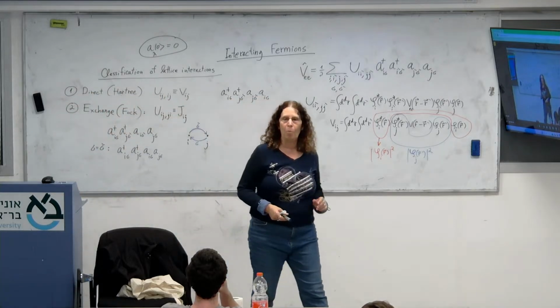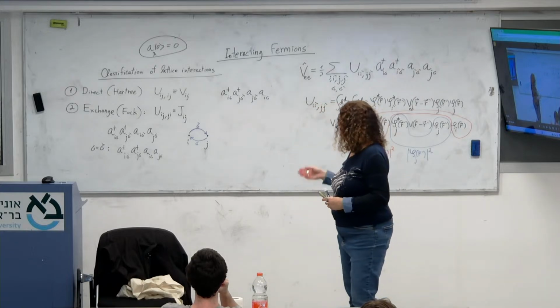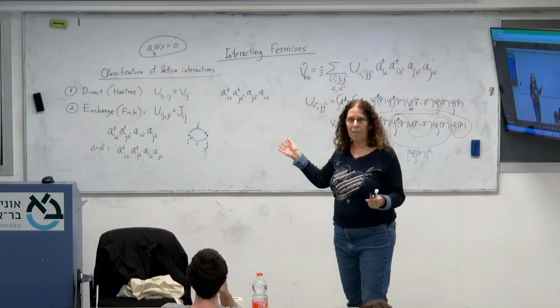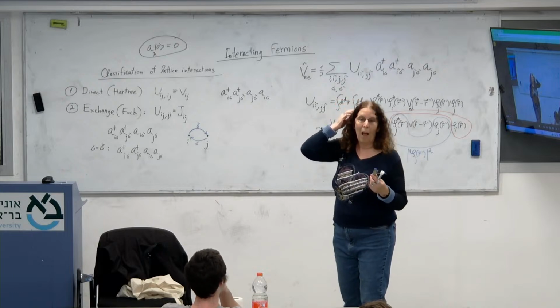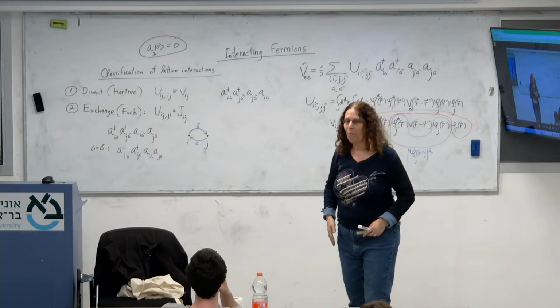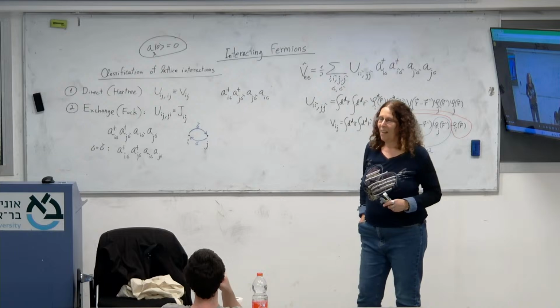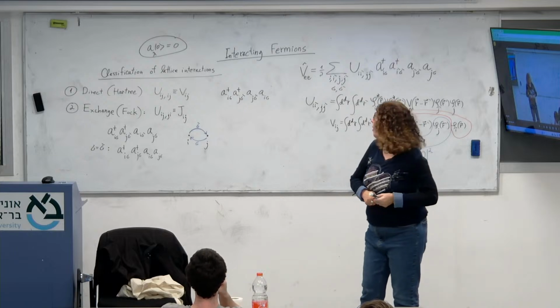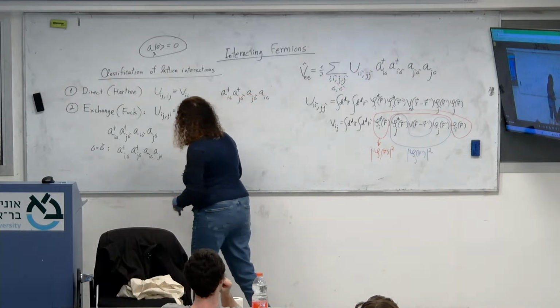You can have ferromagnetism. Okay? Now, it's not necessarily the only mechanism for ferromagnetism, and it's not what makes iron ferromagnetic, for example. It's not a good example, but it is a mechanism for ferromagnetism.